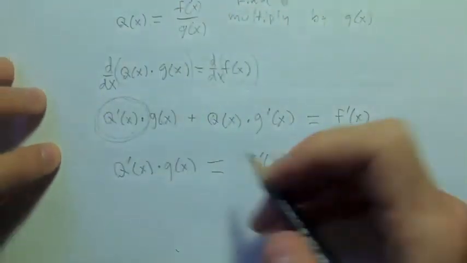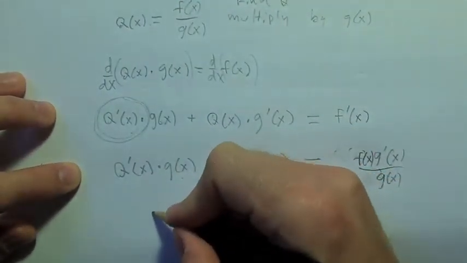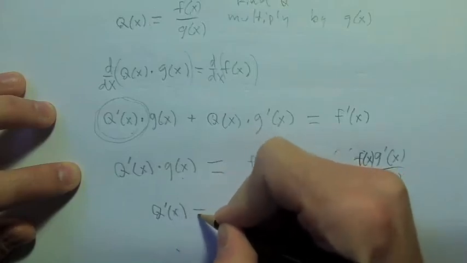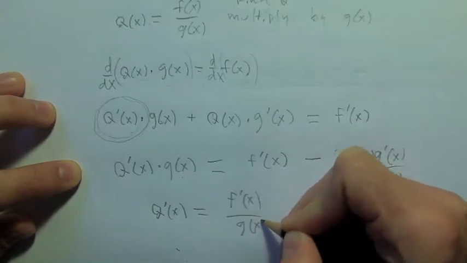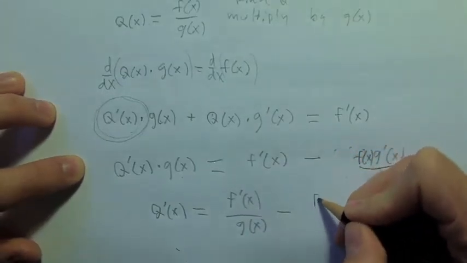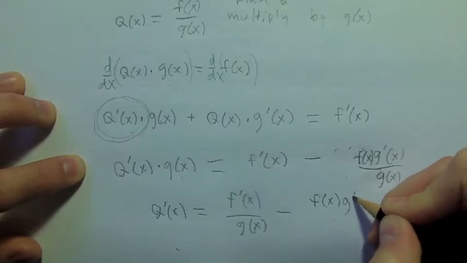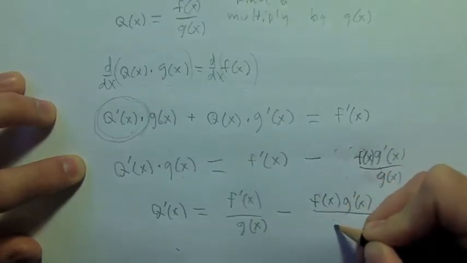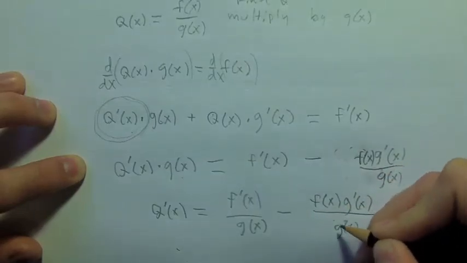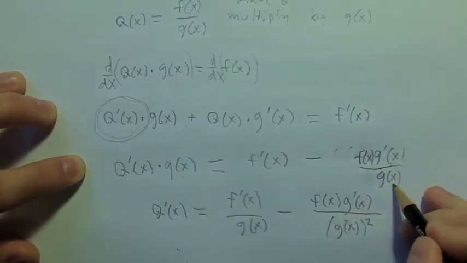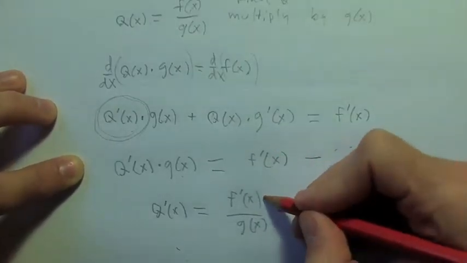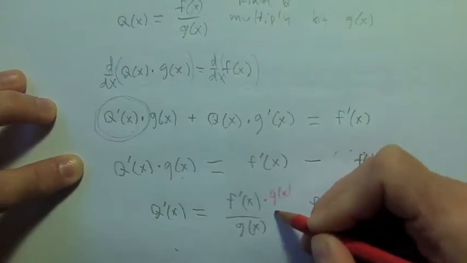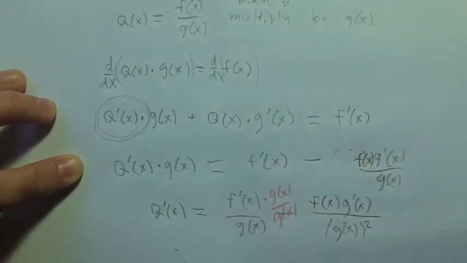Okay, and that way, when I divide by g of x, I get that q prime of x is equal to f prime of x over g of x minus f of x times g prime of x over g squared. The reason it's squared is that I already have a g there, and I'm dividing both things by g. Then, to get a common denominator, all I do is multiply by g of x on the top and the bottom here.